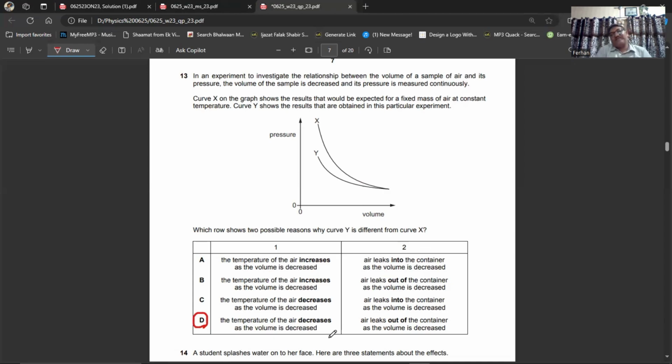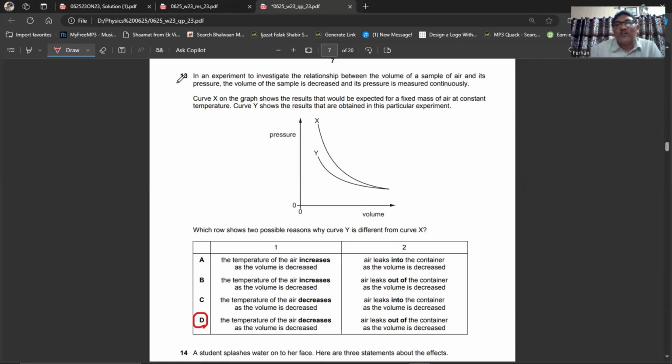So how is this possible? Why has the pressure not increased? You cannot say the temperature has increased, because if the temperature increased, then the pressure would automatically increase more than in your ideal situation. And the other reason can be that some of the gas has leaked out of the container. So D is the option.